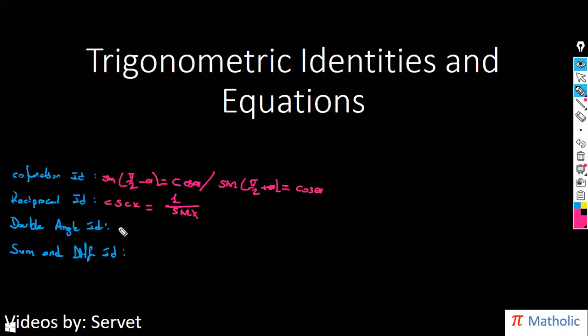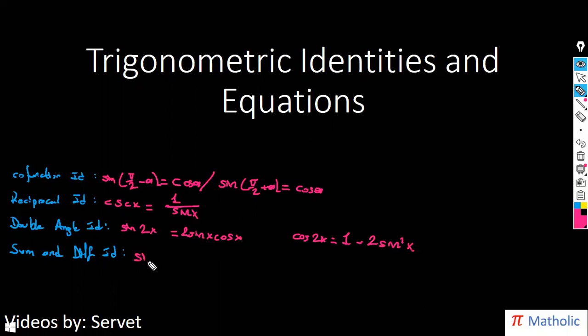In double angle identities, I need sine 2x and cosine 2x. So we know that sine 2x can be written as 2 times sine times cosine, and cosine 2x can be written 1 minus 2 sine squared x.